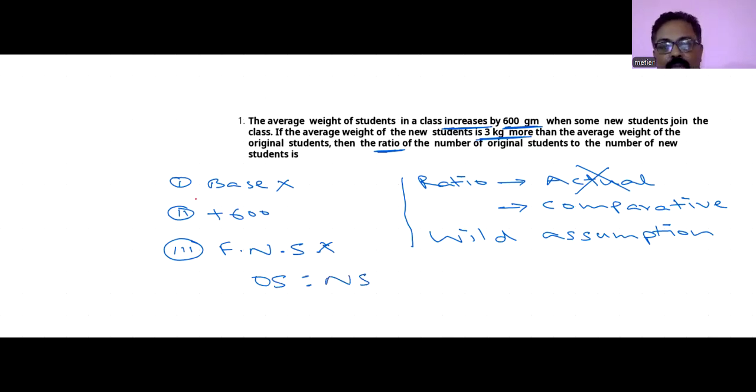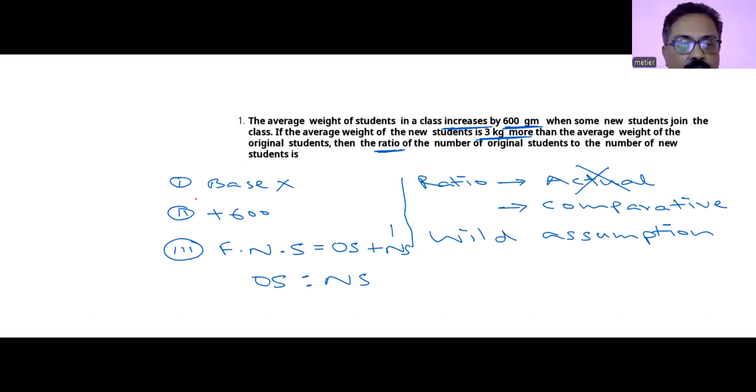And the idea we are getting here is that the final number of students is nothing but original students plus new students. So we need the ratio, we don't need any actual value. So what we can do here, we can go with the assumption that we have only one new student.